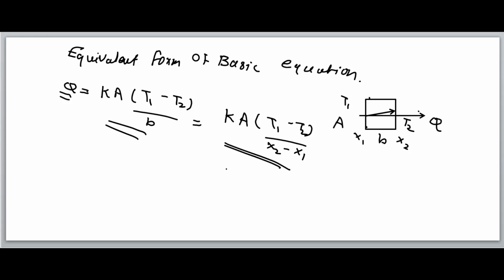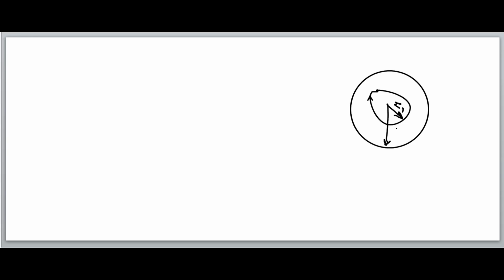Now consider a cylinder with inner radius R1 and outer radius R2. Then we know the rate of heat transfer Q is equals to 2 pi K into L into delta T divided by ln of R2 by R1.